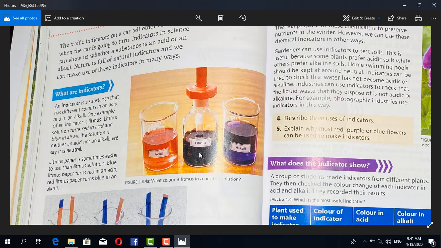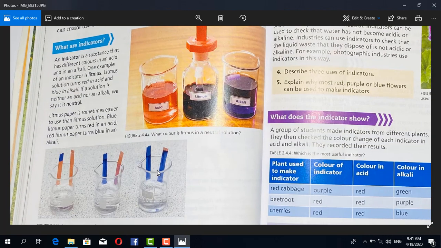I could use a droplet of this dye inside this container. If the solution turns orangey reddish, that means it's an acid. If it goes purpley blue, it's an alkali. Or I could use these papers. If it turns red, it's an acid. If it turns blue, that means it's an alkali.